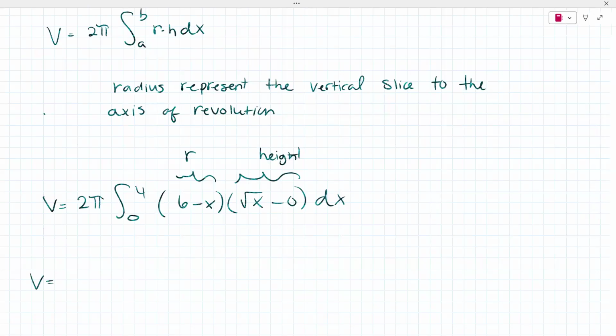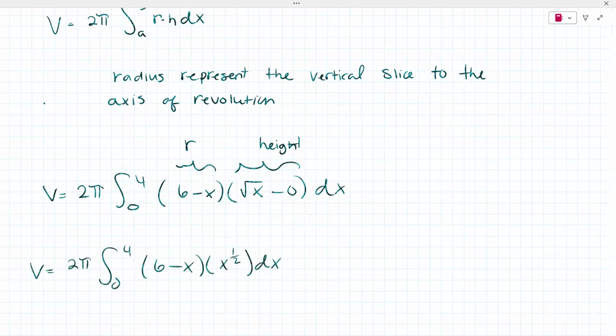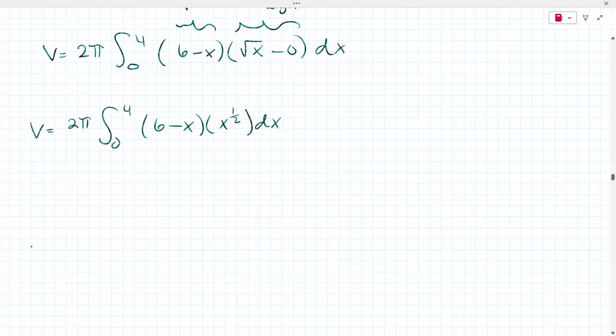So volume equals 2 pi from 0 to 4, and let's clean this up. 6 minus x, we can't really do much, so 6 minus x times square root of x, which is the same thing as x to the 1/2, dx. So V equals 2 pi from 0 to 4.